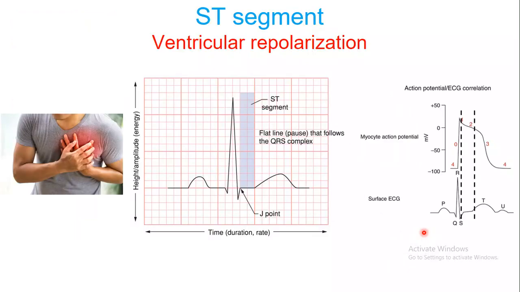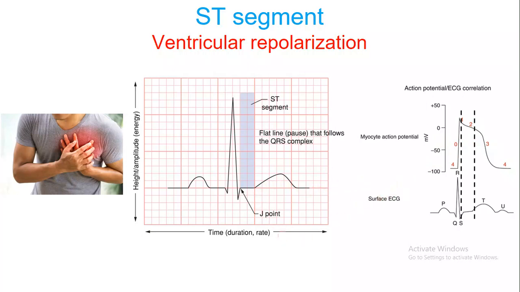Then moving to the repolarization segment, which is the ST and T wave. The repolarization segment is actually very important because following ischemia of the heart, changes are created in the electric channels on the myocytes that lead to changes in the ST segment and T wave.